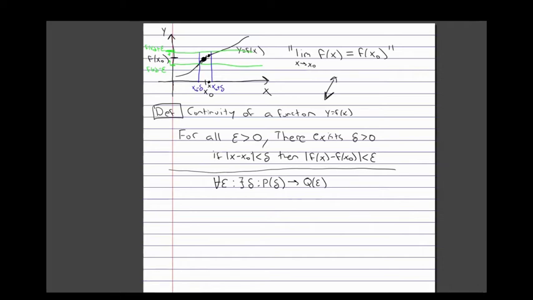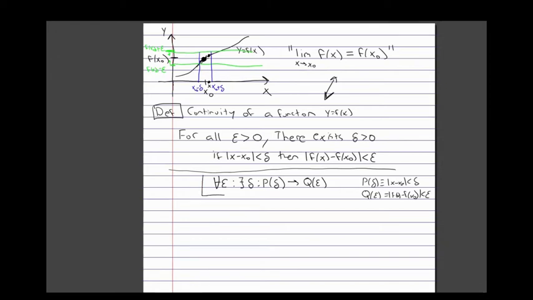We'll call the statement |x minus x naught| less than delta, P of delta, and we'll call this statement Q of epsilon: |f of x minus f of x naught| is less than epsilon. This right here is the mathematical definition of continuity, if we define P of delta as the statement |x minus x naught| less than delta, and Q of epsilon as the statement |f of x minus f of x naught| less than epsilon.